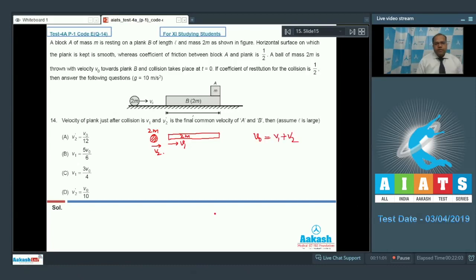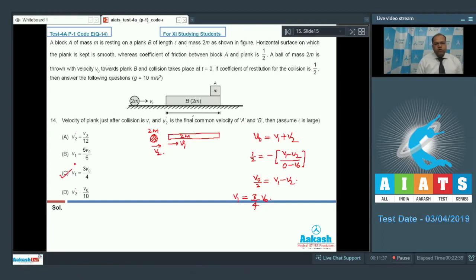If I apply Newton's law of collision, then I can write e, that is half, is equal to minus of v1 minus v2 divided by 0 minus v0. So it comes out to be v0 by 2 is equal to v1 minus v2. So this is my second equation. If I solve these two equations, then the value of v1 comes out to be 3 by 4 of v0. So option C is correct and B is wrong.